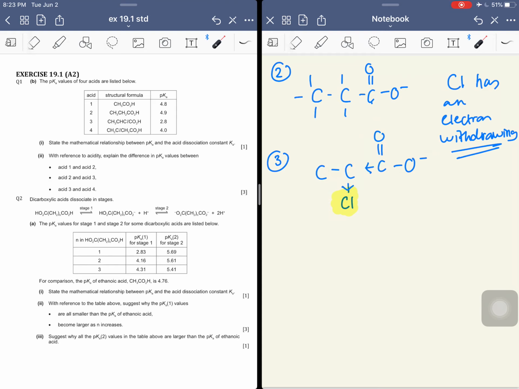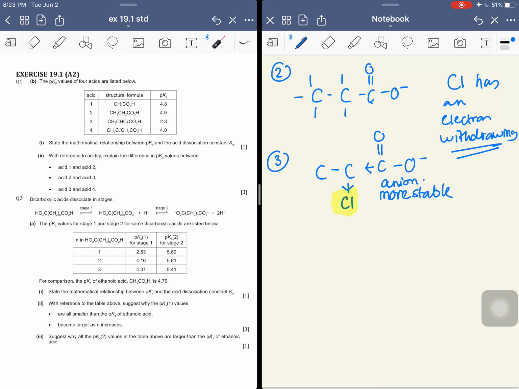Okay, so what's the effect of chlorine pulling away electron density? Now you are a negative person, your friend is removing the negativity inside you. So do you become stable or less stable? Of course, when people are trying to remove negativity inside of you, you become more stable. Okay, so this anion is more stable.